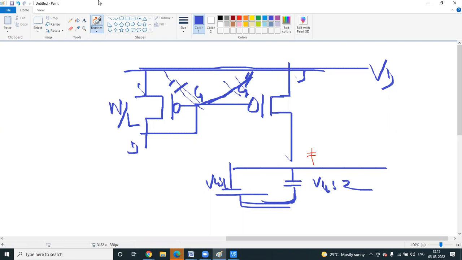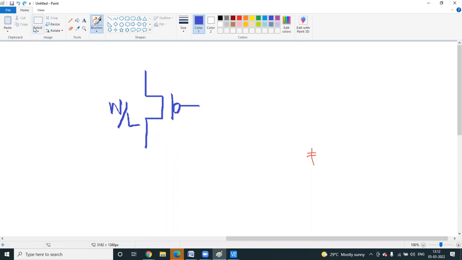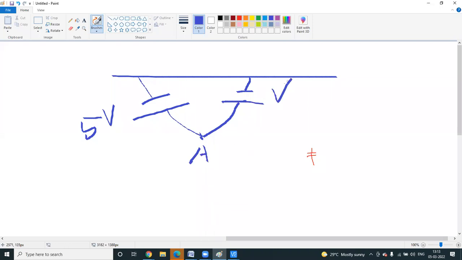Sir, last thing one more time. Okay, so this is point A, this is point B, and this is also point B. So the voltage from A to B is 5 volt.